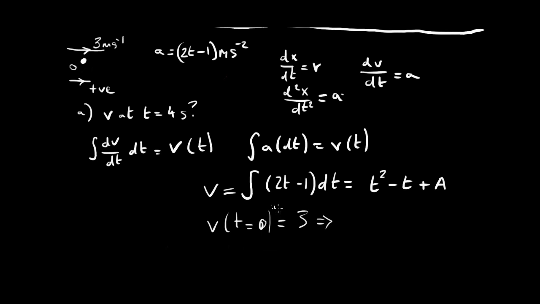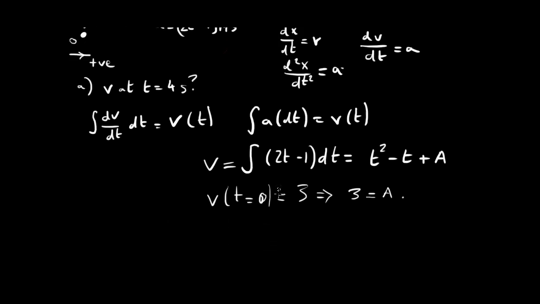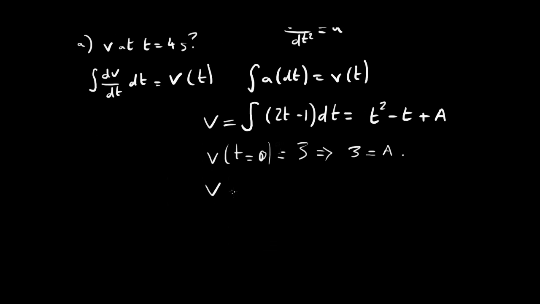And therefore, since v is equal to t squared minus t plus a, then at t equals 0, this is 0, this is 0, and we're left with a. So the 3 then is equal to our a. And so we have a full expression for our velocity now, which would look like t squared minus t plus 3.